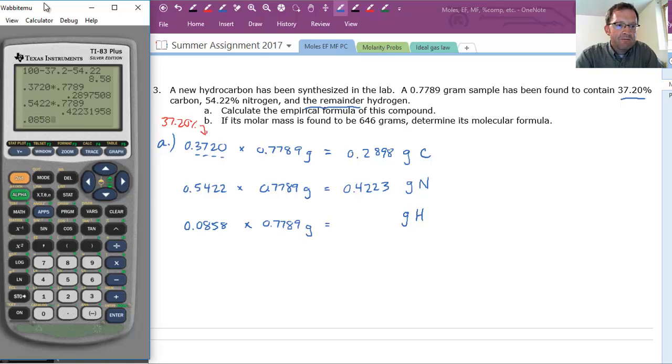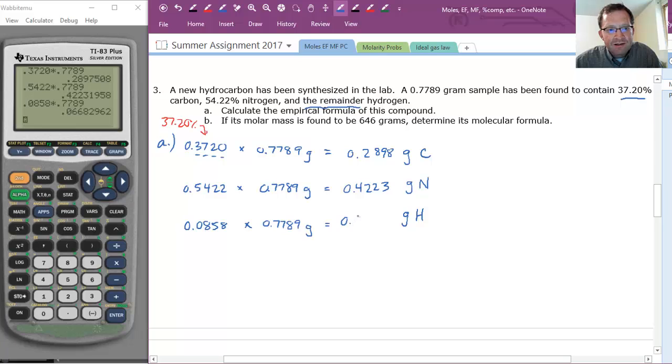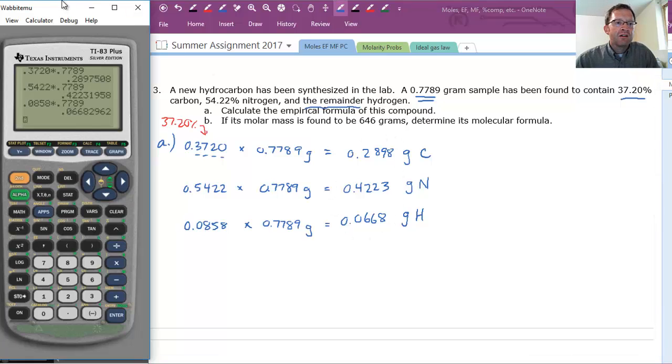So 0.0858 times 0.7789 tells me that there's not a lot of hydrogen here. Looks like 0.0668 grams. And just to double check that we in fact have our 0.7789 gram sample, I'm going to go ahead and just punch these 3 numbers into my calculator and add them up.